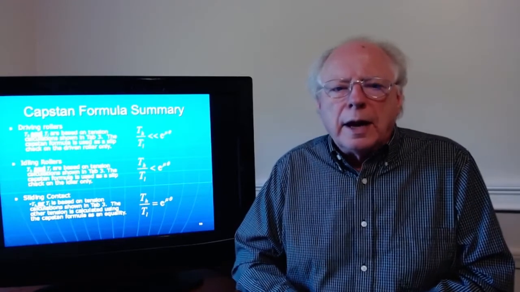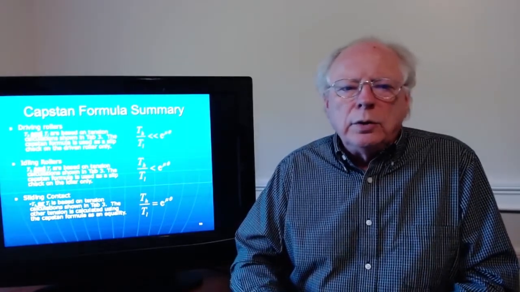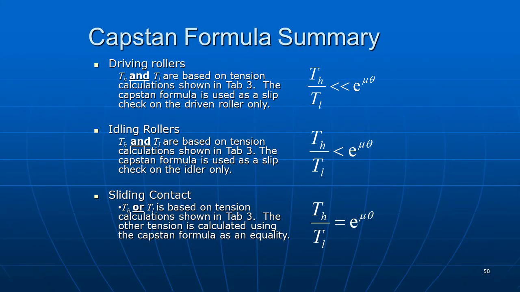So if we look at our capstan formula then, we used it to do a slip check on driven rolls. And so we want to make sure that our TH over TL is much less than our e to the mu theta value. We used it to do a slip check on an idler. TH over TL needs to be a little bit less than our e to the mu theta value.